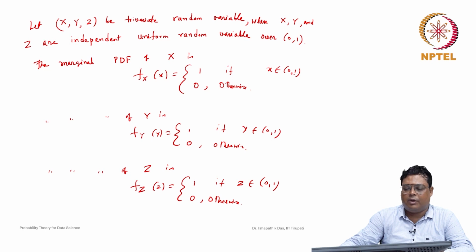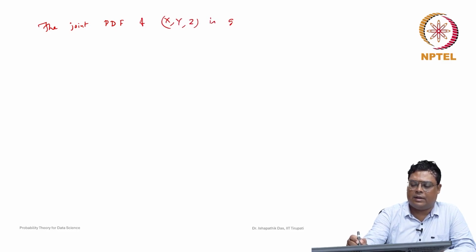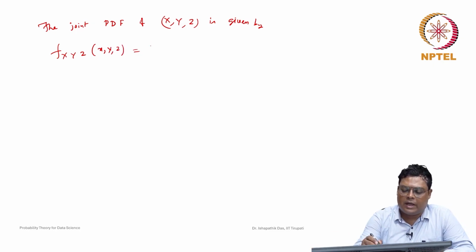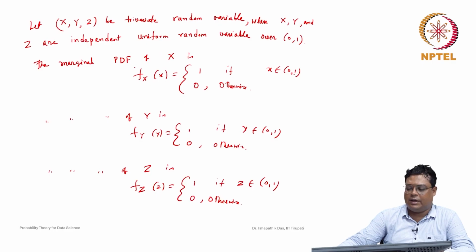Now what will be the joint? Because these are independent random variables, we can find the joint probability density function. The joint probability density function of x, y, z is given by f_XYZ(x,y,z). Because they are independent, it can be multiplied: f of x, f of y and f of z, as given here.